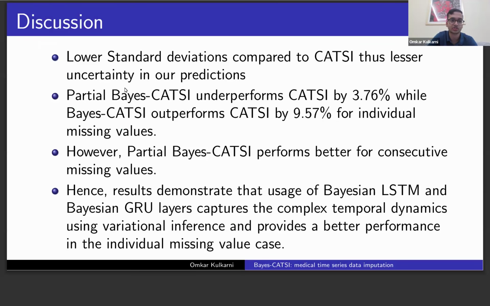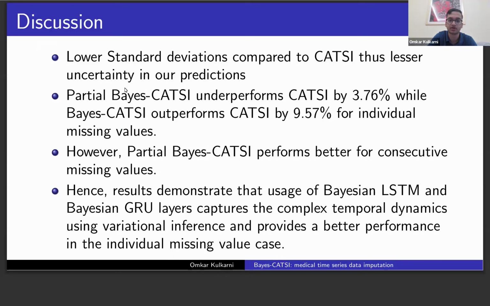So coming to the discussion of the results, the standard deviations are lower for partial Bayes-CATSI and Bayes-CATSI compared to CATSI. Thus, there is lesser uncertainty in the predictions. Partial Bayes-CATSI underperforms CATSI by 3.76%, while Bayes-CATSI outperforms CATSI by 9.57% for individual missing value cases.